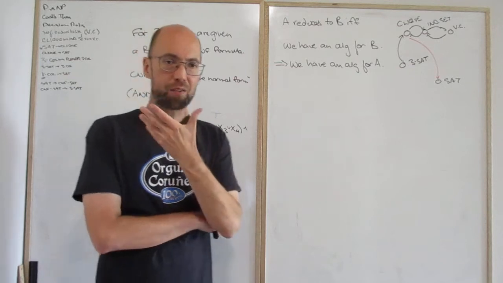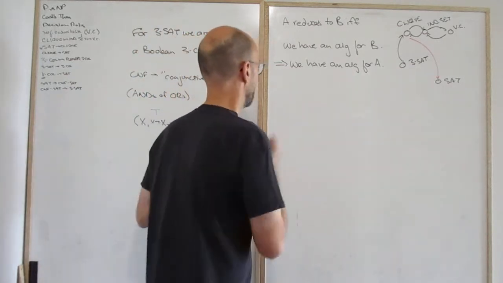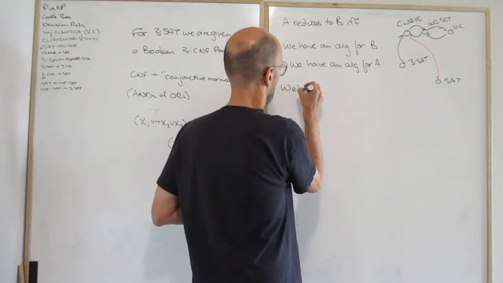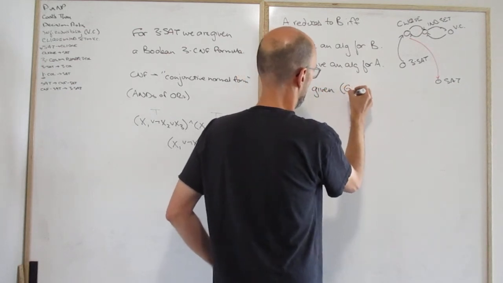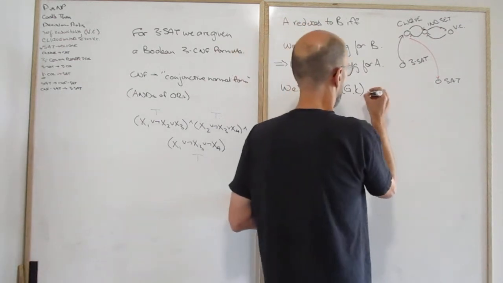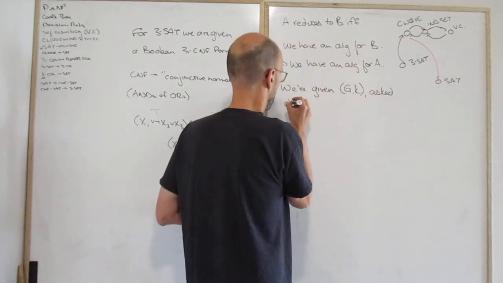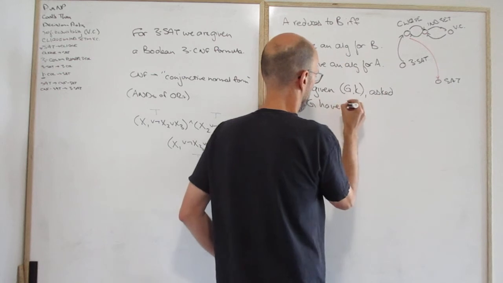So somebody gives you a graph G and an integer k. So we're given G, k, and we're asked: does G have a clique of size k?